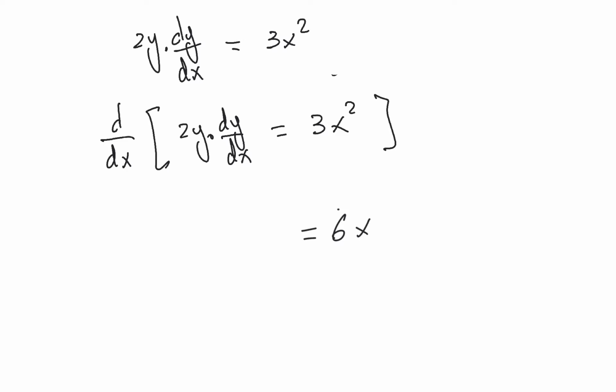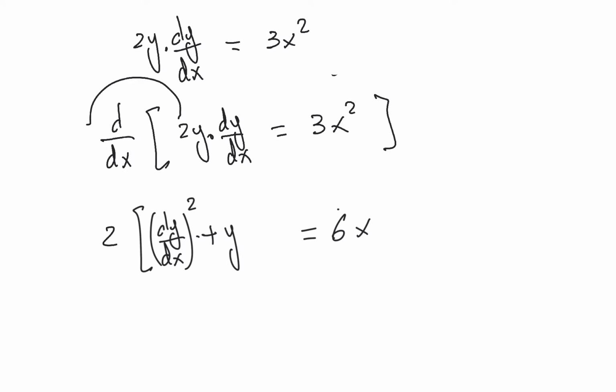It will be 2, let me put this 2 outside, 2 times the derivative of the first, the derivative of y with respect to x, multiplied by the second. The second is the derivative of y with respect to x, so it will appear squared, plus the first multiplied by the derivative of the second. The derivative of the second is the second derivative of y with respect to x squared.